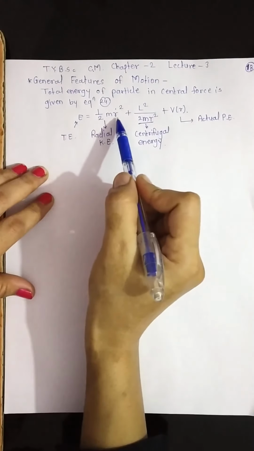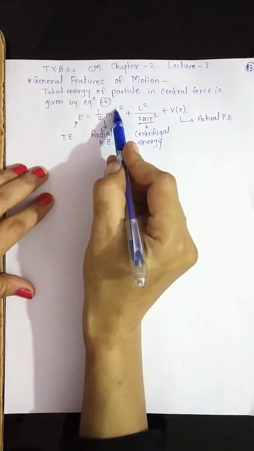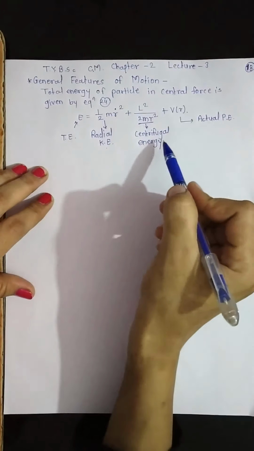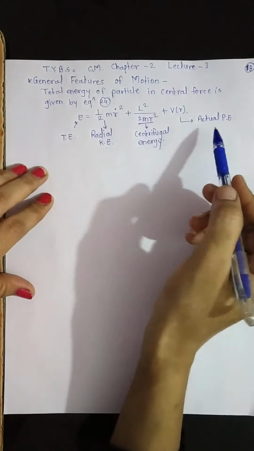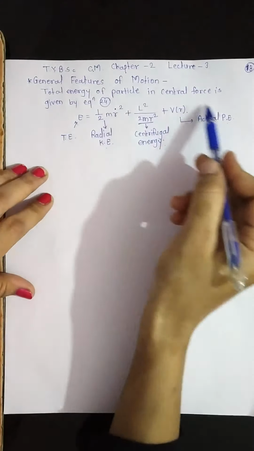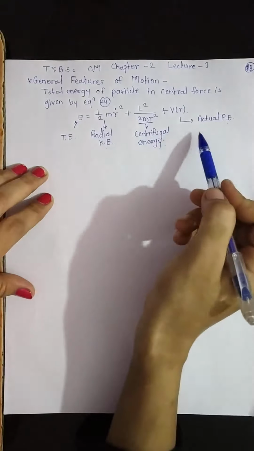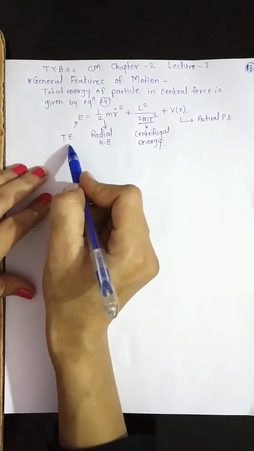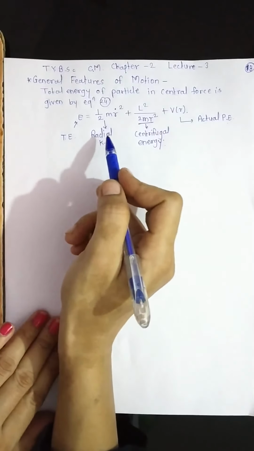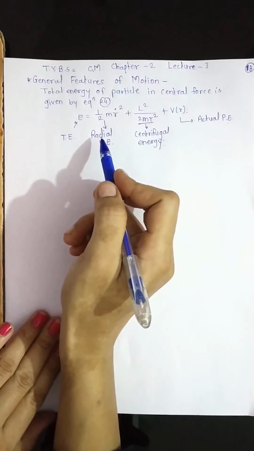The term half m r dot square is the radial kinetic energy. This is also a type of potential energy. This is the actual potential energy, and overall the sum of kinetic and potential energy is nothing but the total energy. So this energy can reduce to one-dimensional motion in r.